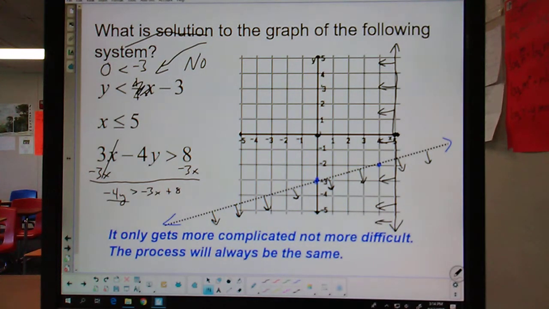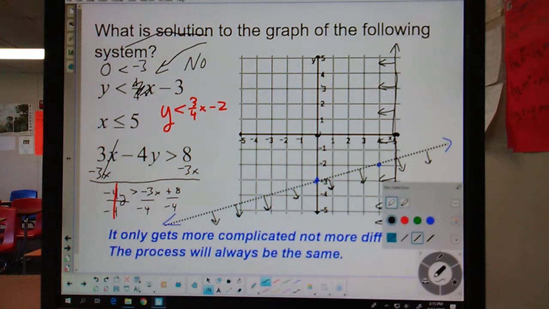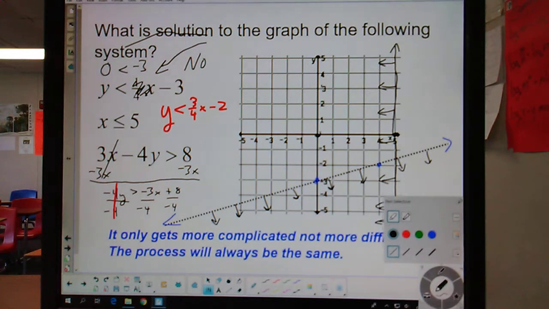Now, when you divide by -4, you flip the inequality around. So, new color so you can see it good. Y, when I cancel that out, is now less than, two negatives make a positive, 3/4 x, and 8 divided by -4 is a -2. So that's what it changes to when you write it in slope-intercept form.